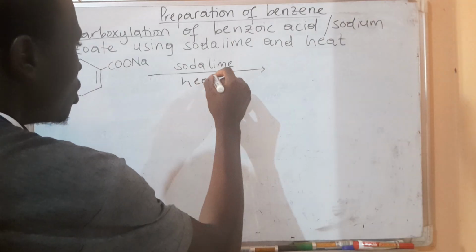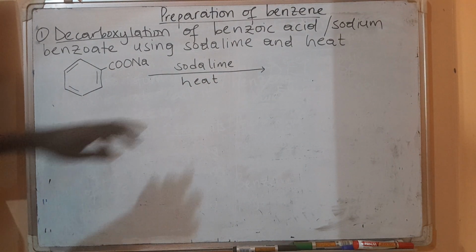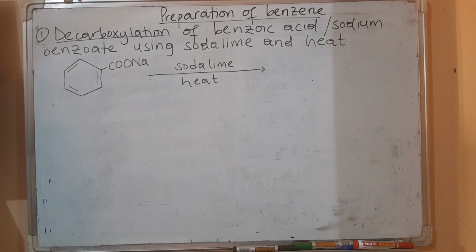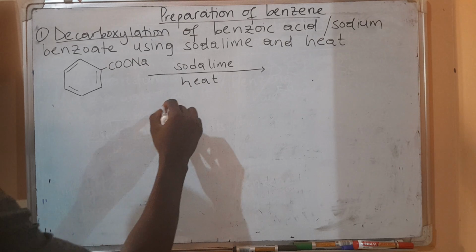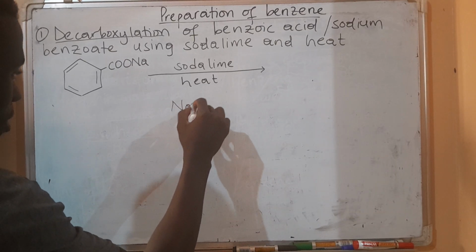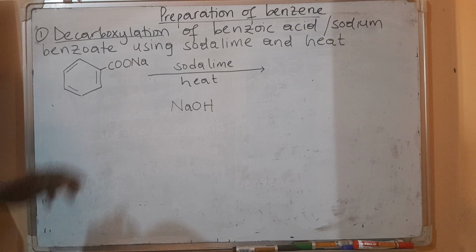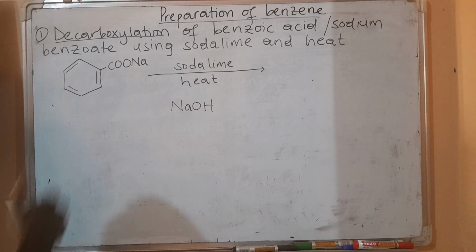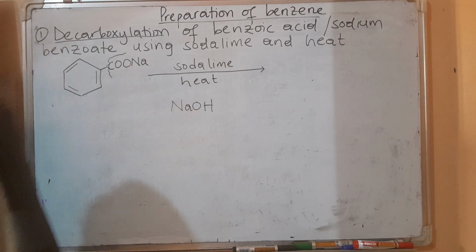Soda lime is a mixture of sodium hydroxide and calcium oxide. So you can as well indicate sodium hydroxide stroke calcium oxide. It as well represents soda lime. So within soda lime we have our sodium hydroxide. This is what is going to happen. We are going to remove this group here, because that is decarboxylation.